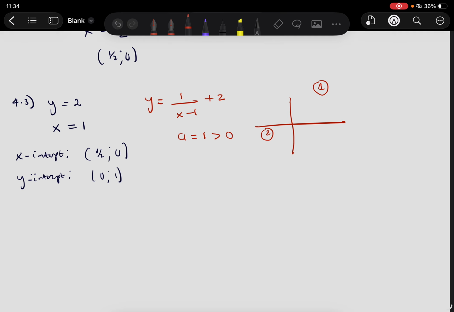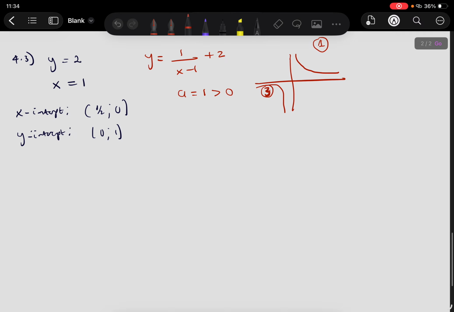So with the hyperbola, we have two arms when we draw the graph. Our first arm will be in the first quadrant, and then we'll have the second arm in the third quadrant. So this is what we expect our graph to look like. This is important to keep in mind so that it directs you when you draw your graph.